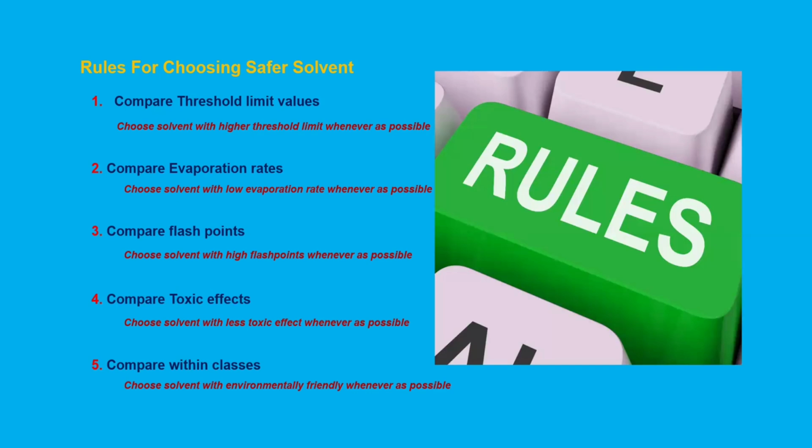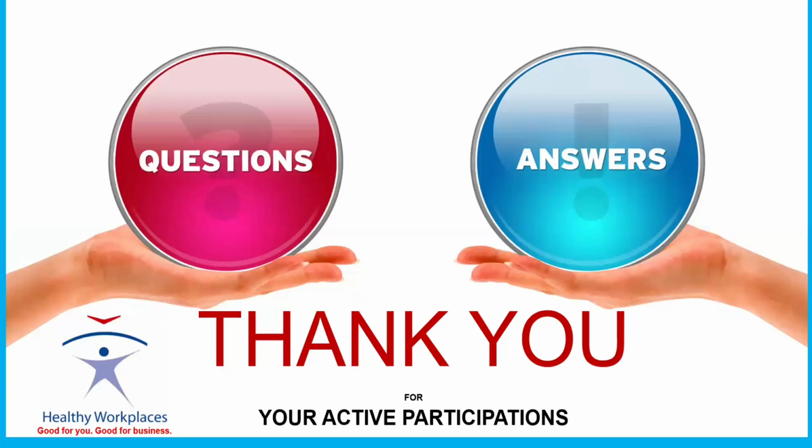Then compare toxic effects. Choose the solvent with less toxic effect whenever possible. If we have a couple of solvents, some toxic and some non-toxic, use the non-toxic solvents. Very important. Compare the classes, so choose solvents that are environmentally friendly. Very important. Thank you.